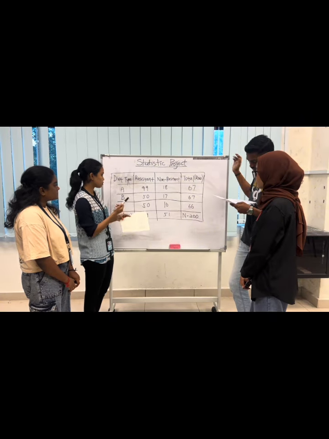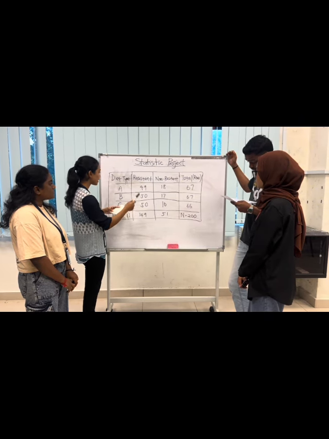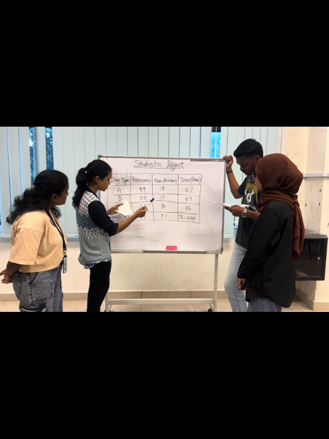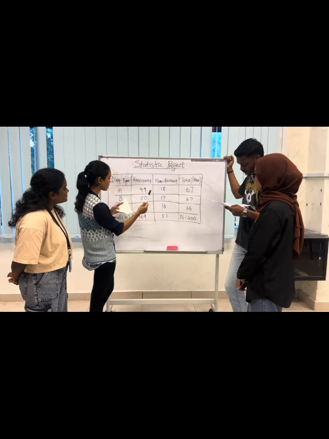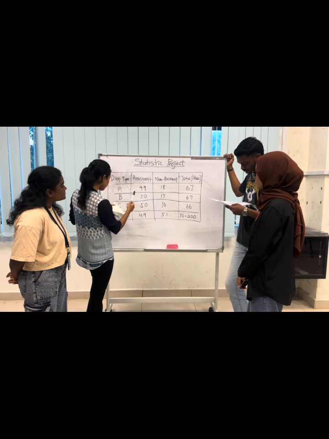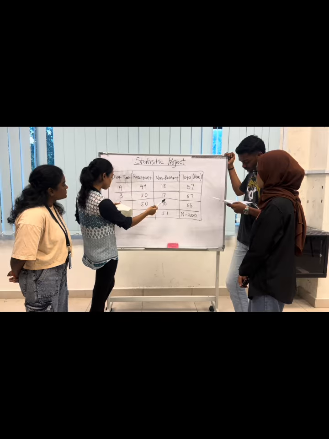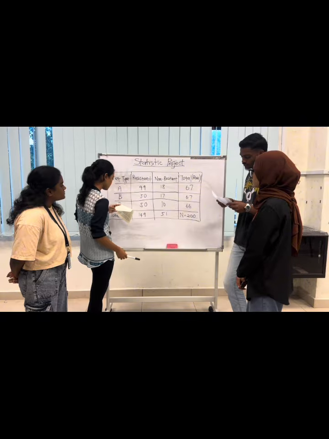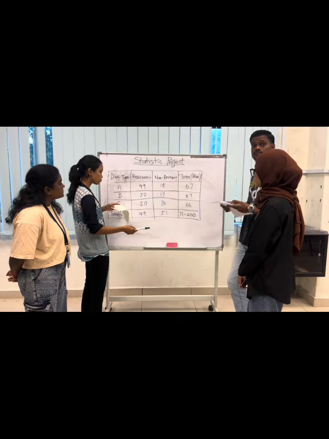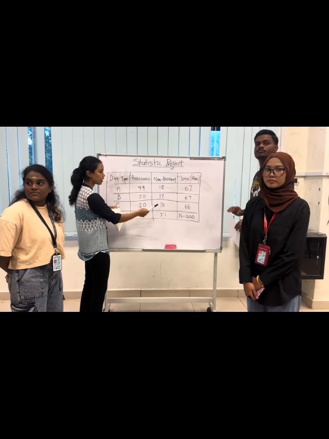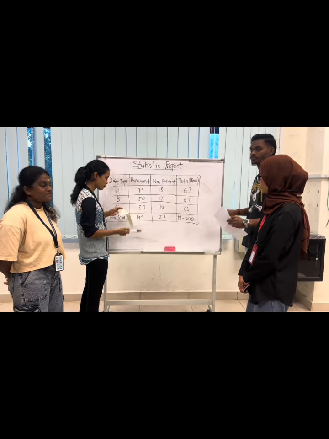Let's look at the results of our tally. For diet A, we summarized 67 observations total, finding 49 resistant and 18 non-resistant. For diet B, out of 67 observations, 50 were resistant and 17 were non-resistant. And for diet C, out of 66 observations, we found 50 resistant and 16 non-resistant.